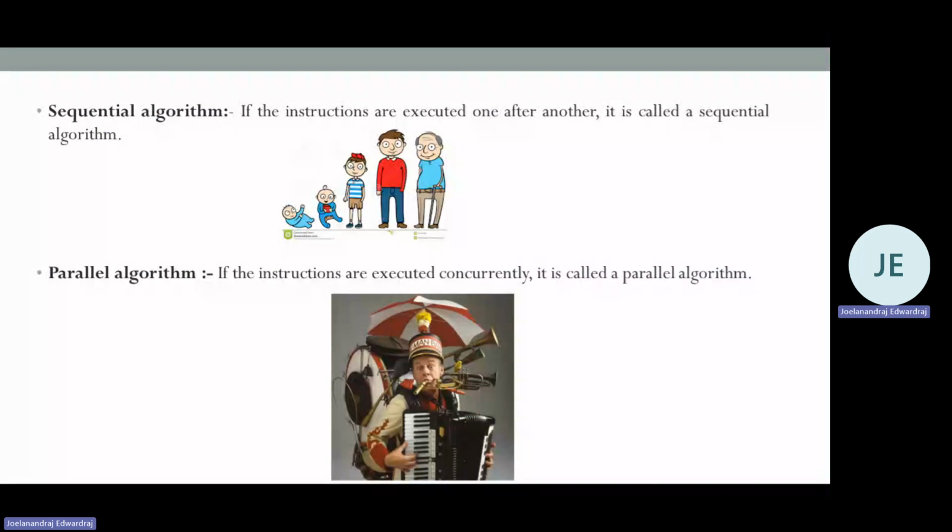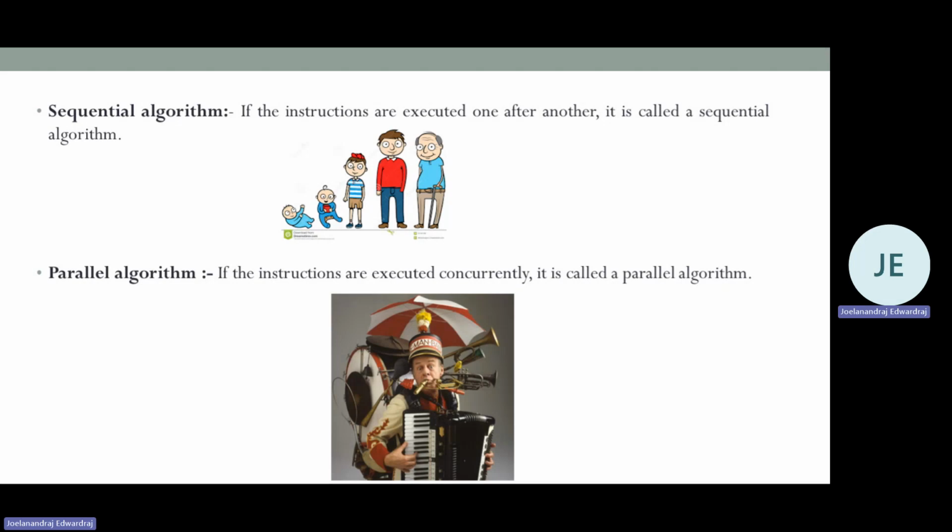So every task, every instruction will be happening in a sequential way. What is parallel algorithm? Yes, that's simple, right? The instructions are executing concurrently. That's what we call parallel execution or parallel algorithm, right?